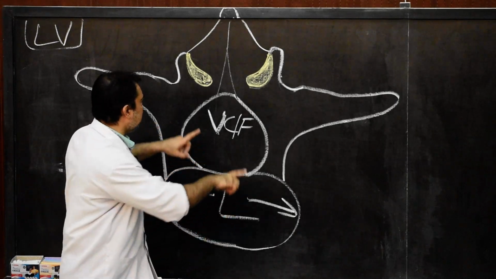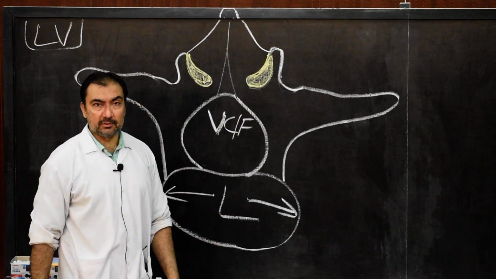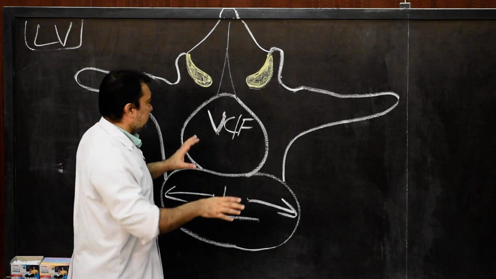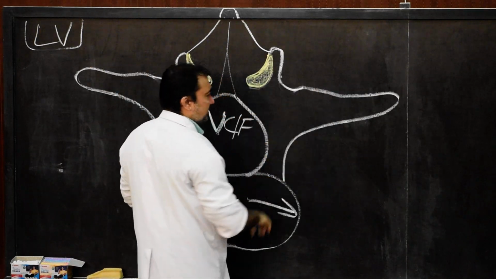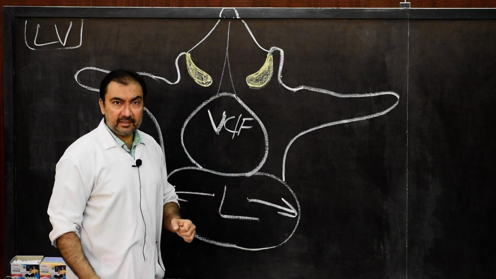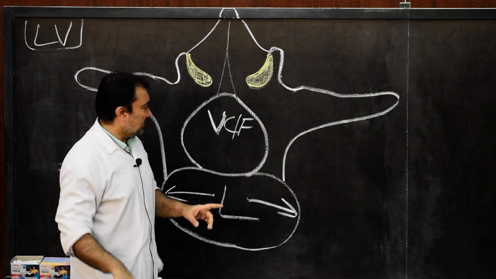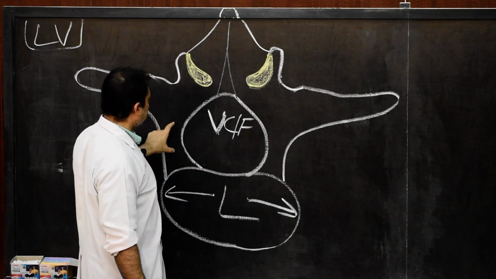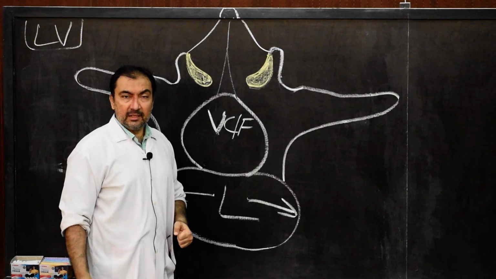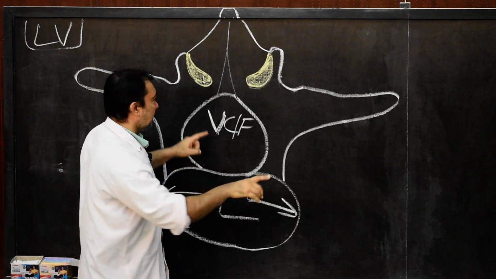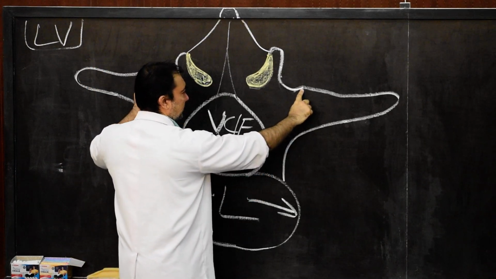Now we come back again to the transverse process which we have drawn. The transverse process, as we can see, is enlarged and directed laterally, and it is attached to the junction of the pedicle and lamina. Here we had stopped at the root.